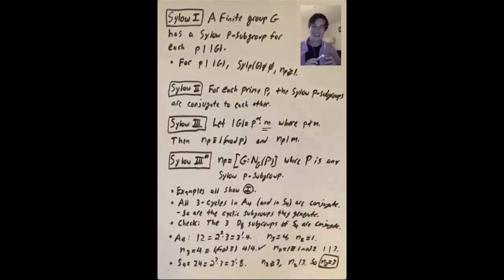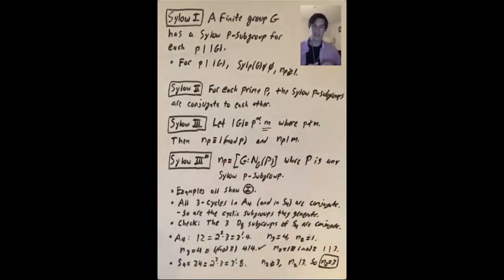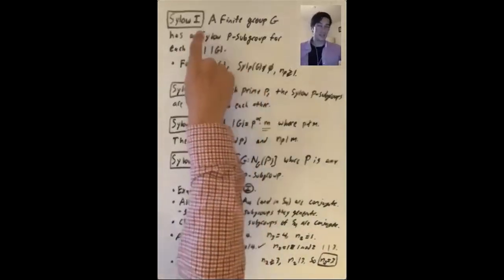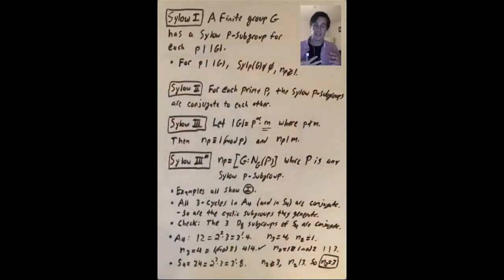So already, we can see that there are applications of the Sylow theorems. In the next video, we'll actually give 2 different proofs of Sylow I. We'll give both the proof that's in Dummit and Foote and then the proof that's in Conrad's notes.